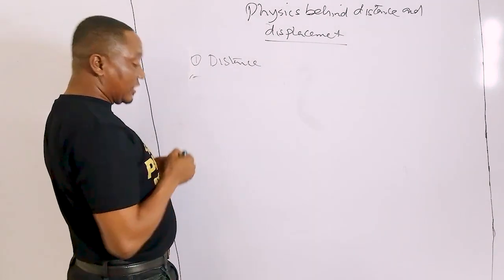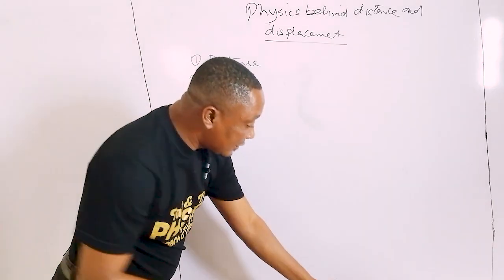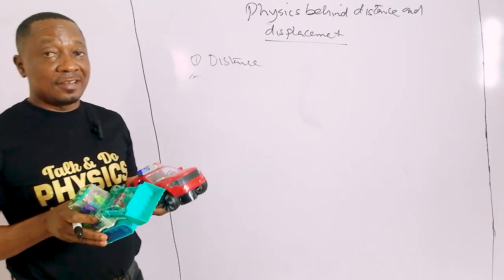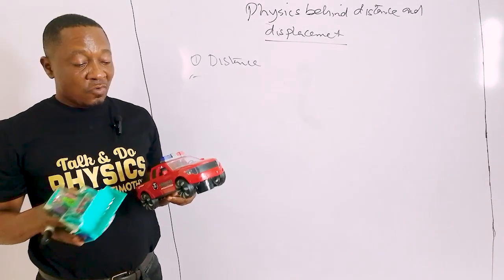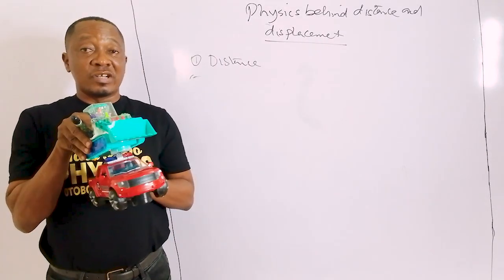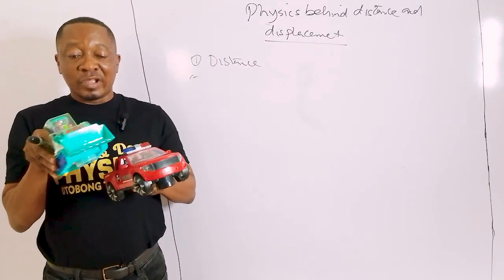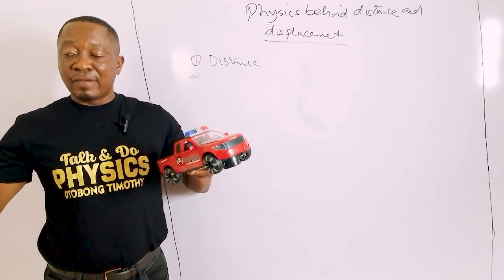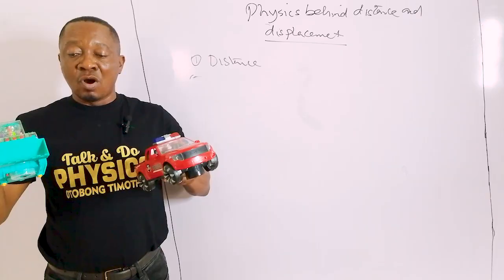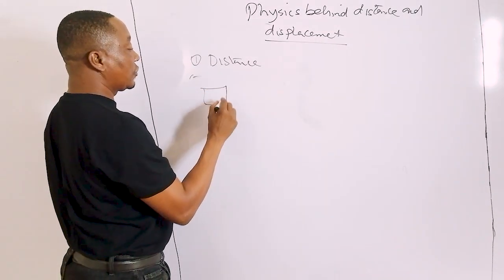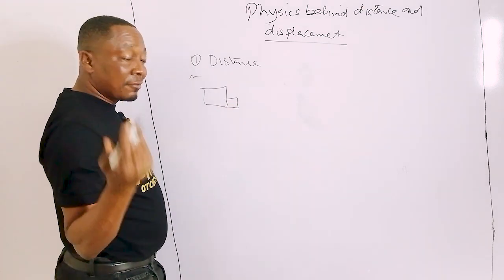Distance. Before we get to the definition of distance, this is a toy car. Like I've already explained, I have to come back again so that you should be able to understand what I'm going to teach you. This is a toy car and there's no distance created, as you can see. With these two toy cars, right now, you can see the space, the interval created by the two toy cars. That is what we call distance. Let me make an illustration for those of you who want to write it down.